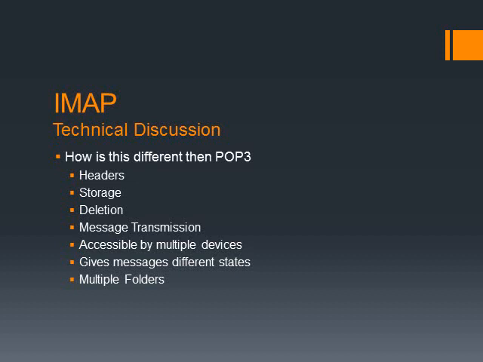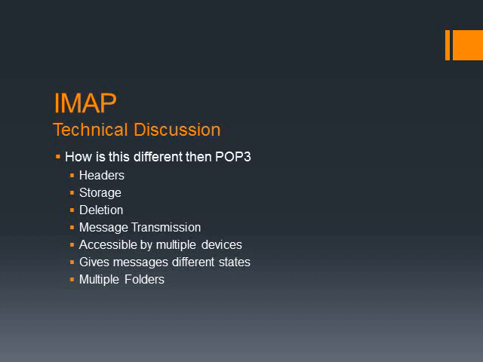So this could be a problem because these types of servers can need a lot of storage space. Also, deletion. With POP3, the message is deleted from the server once it's sent. With IMAP, the message isn't deleted until the user, or the client, tells the server to delete it.